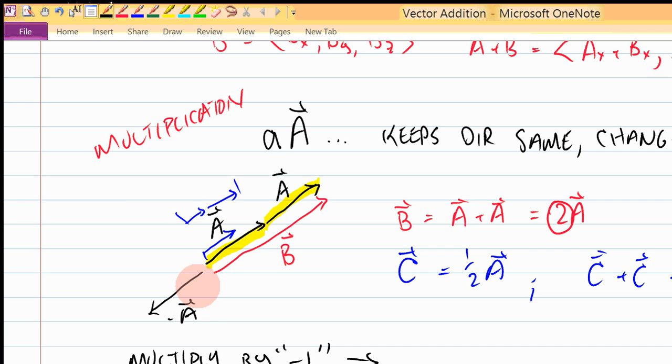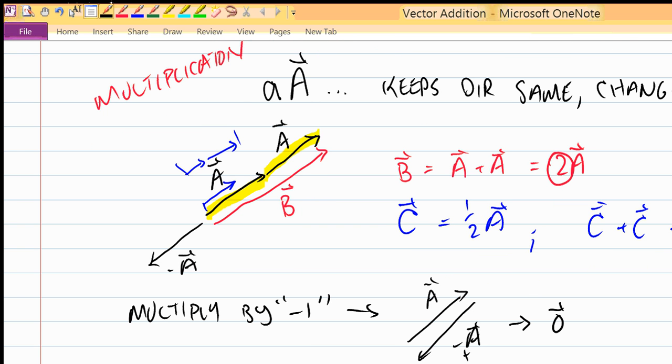It's got the same magnitude as A, but points in the opposite direction. So if I did A plus minus A, I get back this vector which is 0. So if I've got multiplication and vector addition, I can construct what I mean by subtracting vectors.